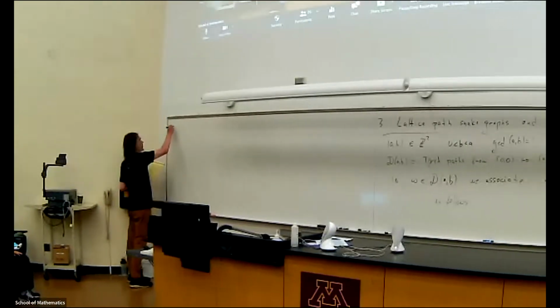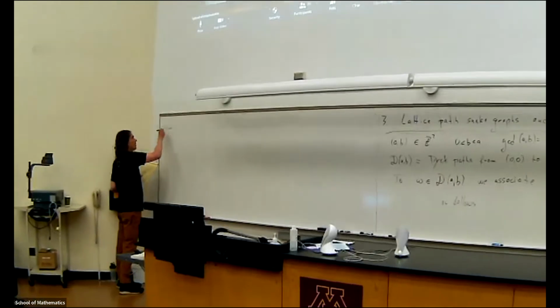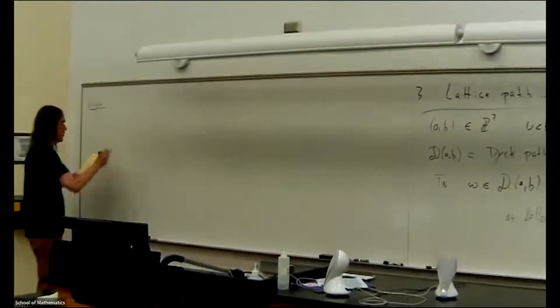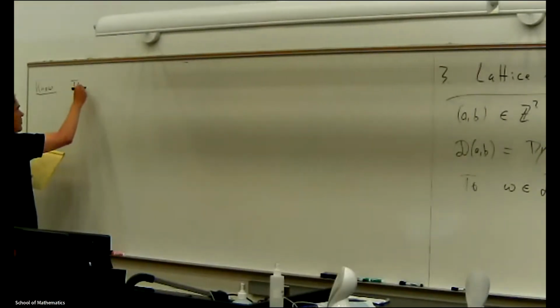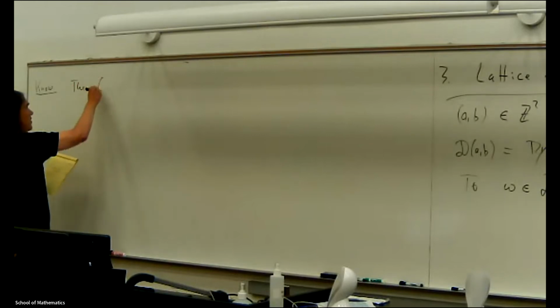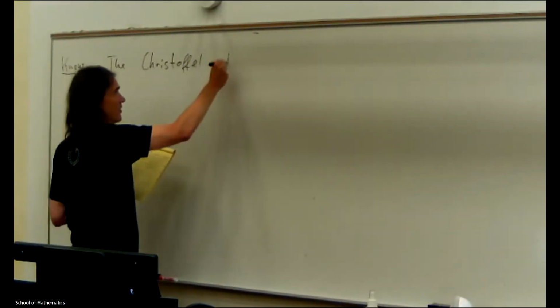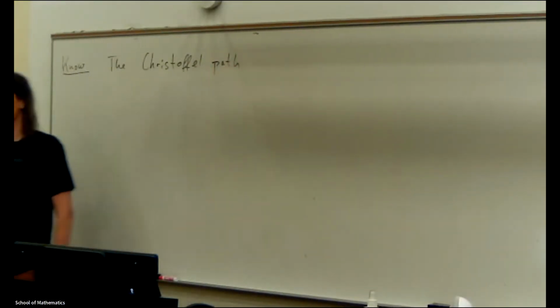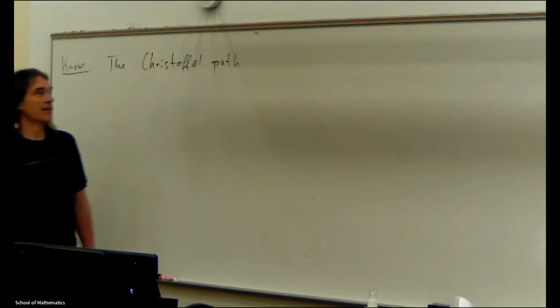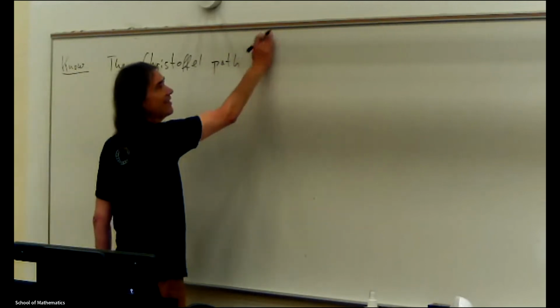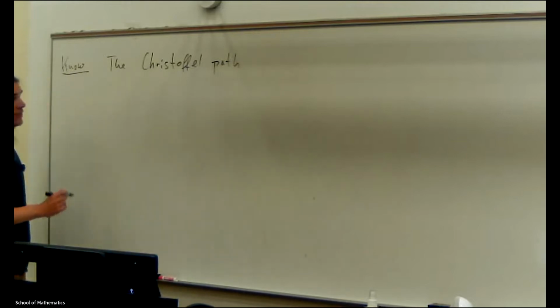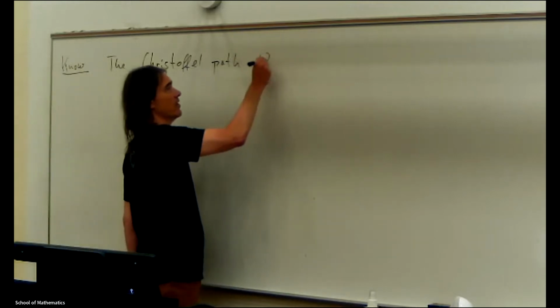So let me first, before coming to the open problems, let me tell you what we know. There's a special Dyck path, which is the Christoffel path, which is the path that is closest to the diagonal. And yeah, Coxeter people will not like this, but I will denote it by W0.